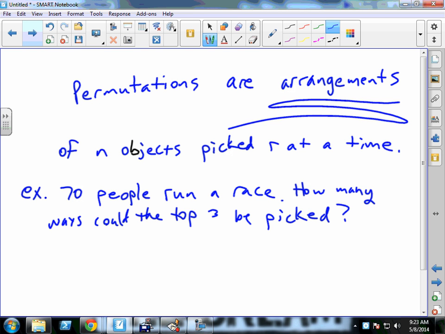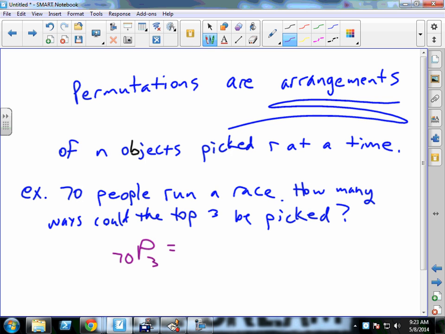What they're telling you here is, because they're running a race, and in a race order matters, because it's an arrangement, you're going to use a permutation. What's my N in this problem? 70. And what's my R? 3. So I'm going 70 P 3.